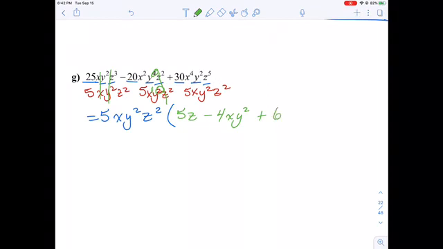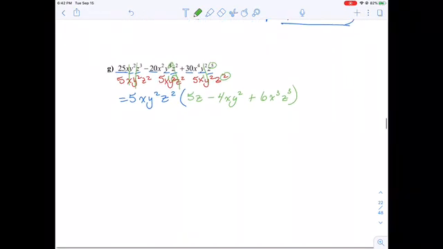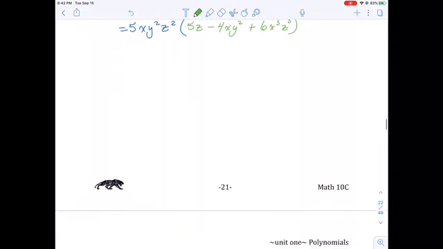And 30 divided by 5 is 6, x to the 4 divided by x to the 1, x cubed, y is reduced, and then z to the 5 minus 2 is z to the power of 3. Yikes! That's a lot of work, that one, okay? A lot of numbers there, a lot of variables.